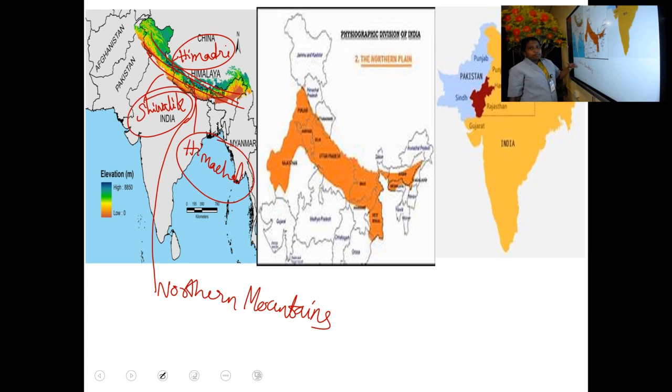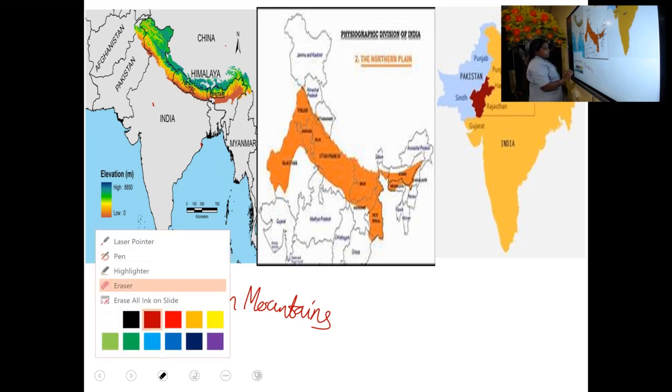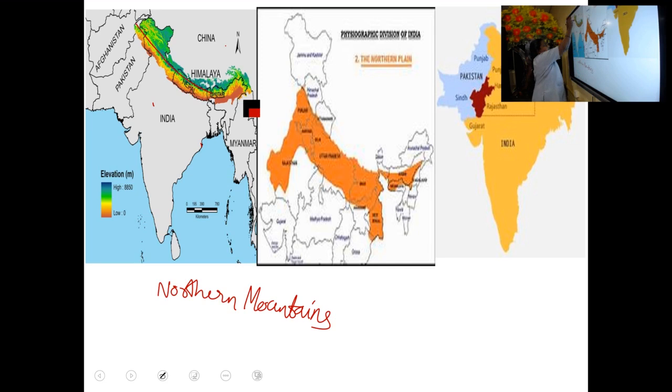And these northern mountains are located in the northern part of India, and these mountains separate India from China. Okay, these are the northern mountains, the Himalayas, and the Himalayas separate India from our neighboring country, China.